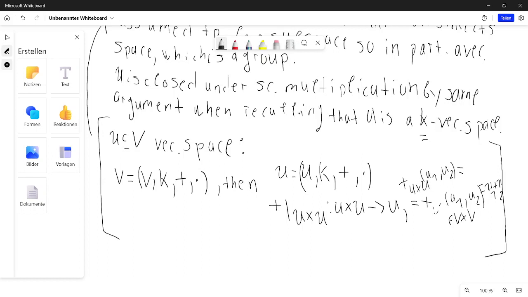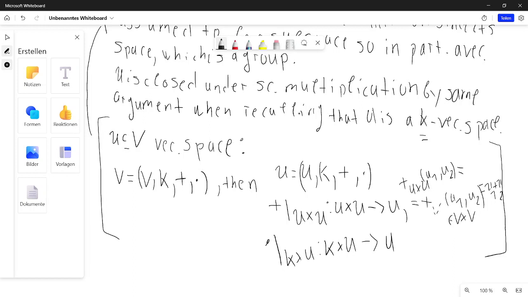Same with scalar multiplication. Scalar multiplication is restricted to K cross U, where it is restricted to, therefrom it goes, right?